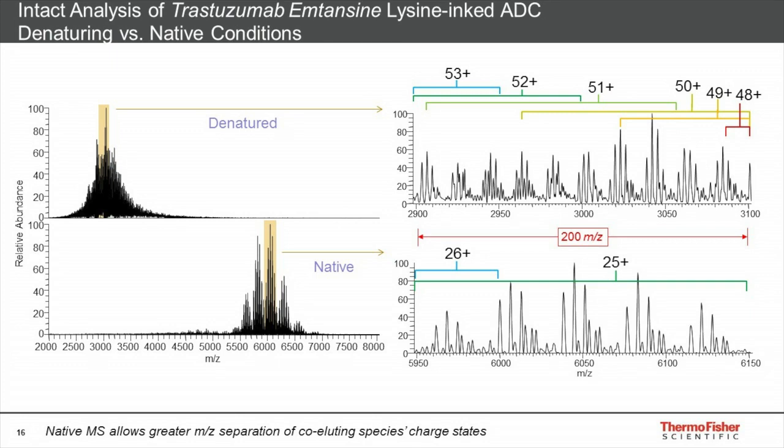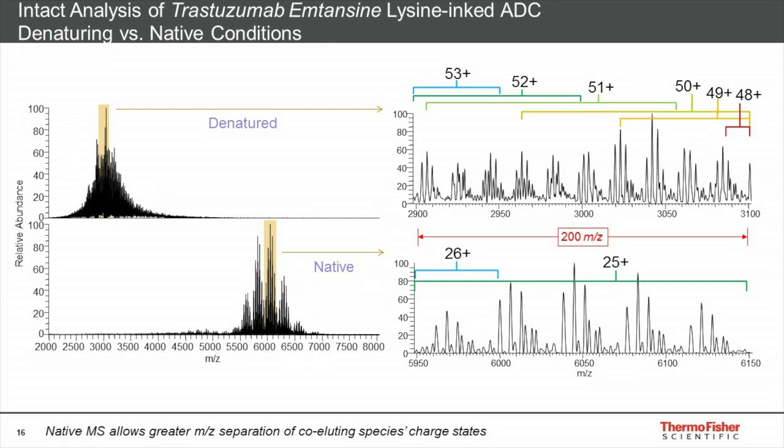The neighboring charge states are overlapping and interfering with each other. In this case, we have a plus 51, and this plus 51 has information overlapping from the plus 53, the plus 52, the plus 50, the plus 49. There's a great deal of overlap here.